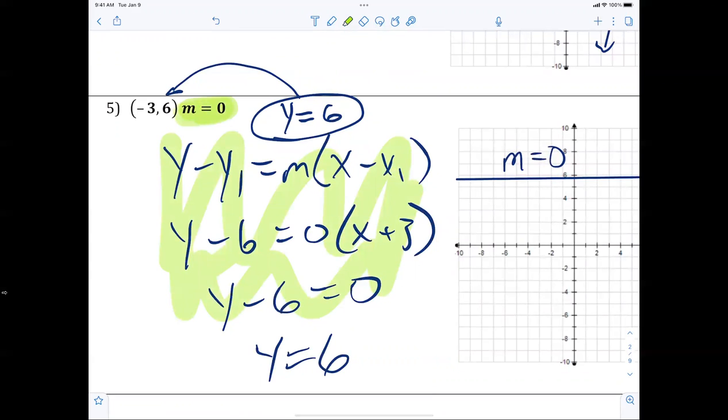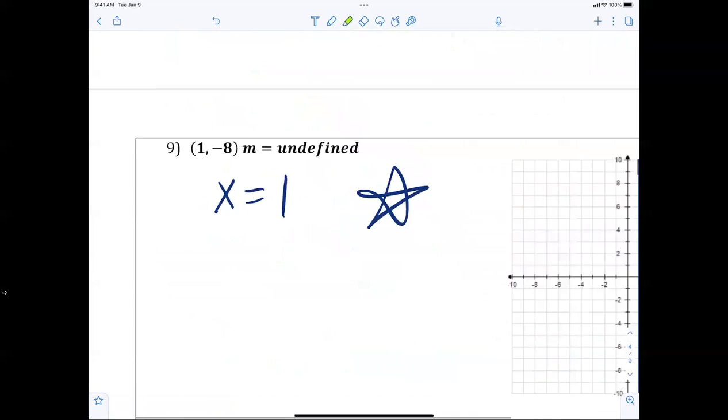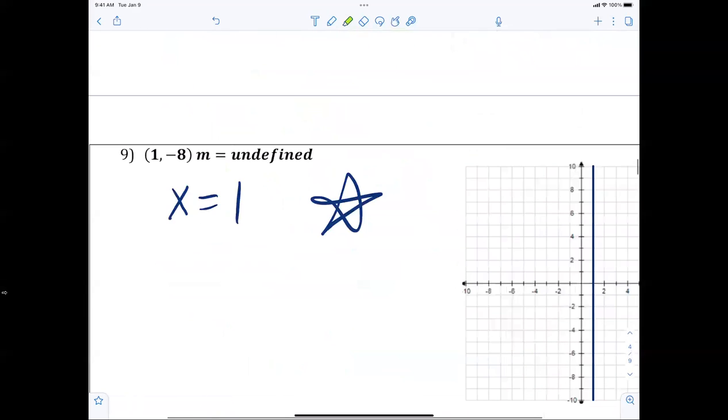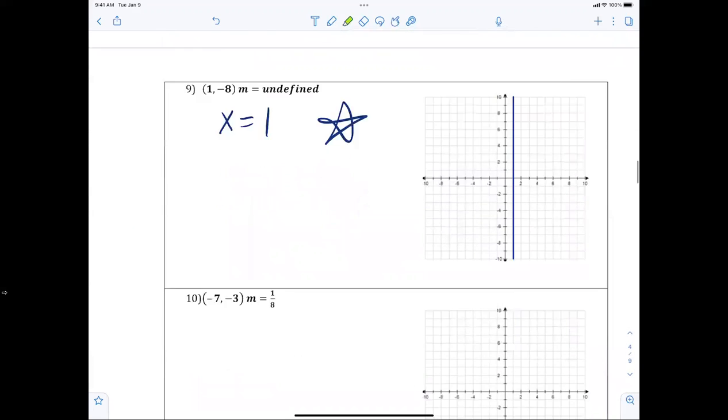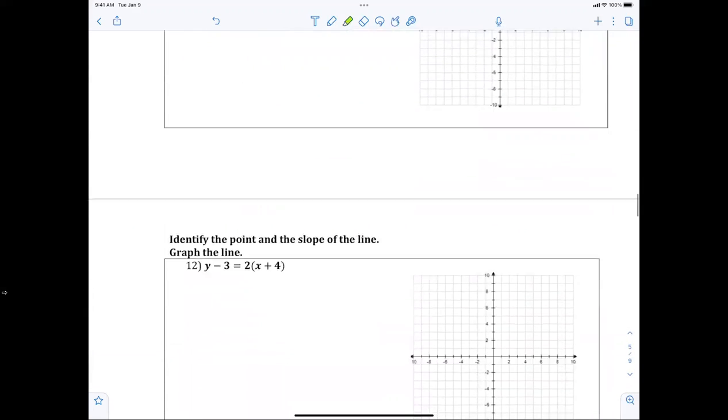Whenever the slope is 0, it's just y equals 6. You hear me? Whenever it's what? Undefined, it's always what? x equals whatever the x coordinate is, right? Okay. All right. Skip 10, skip 11, you're good.